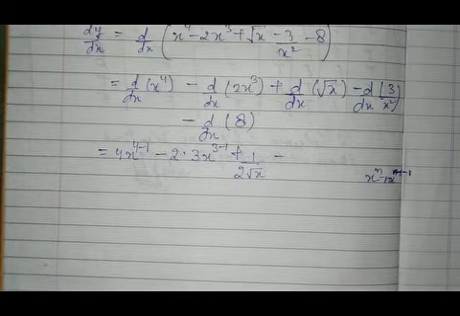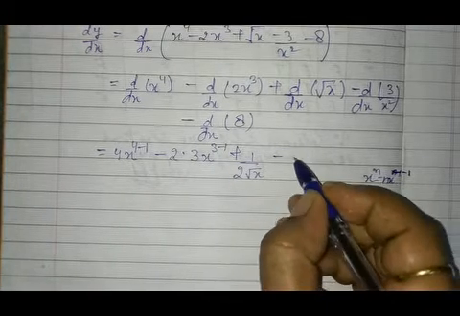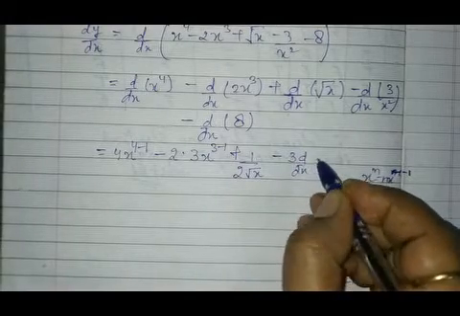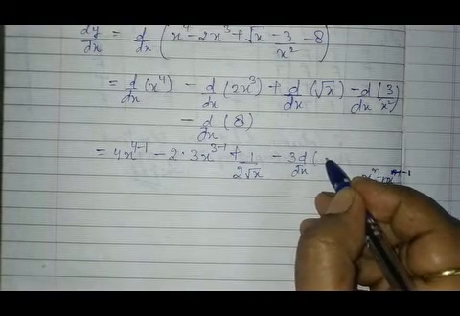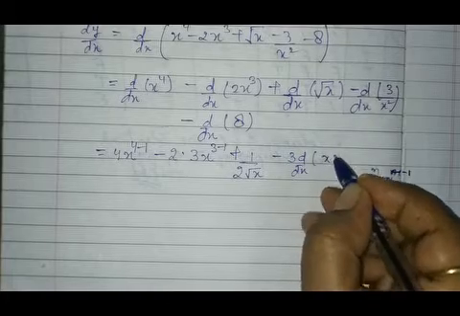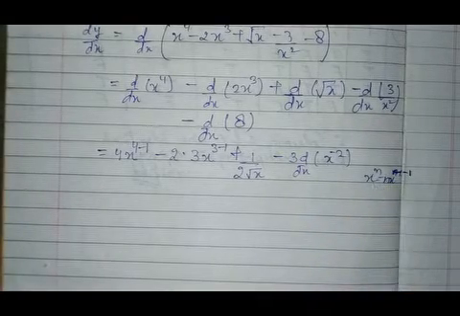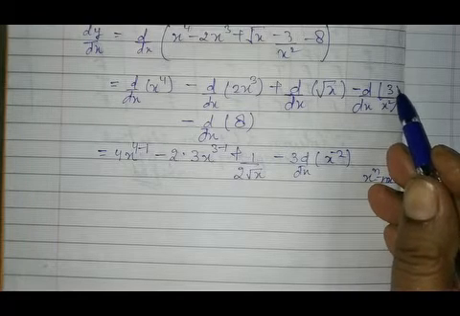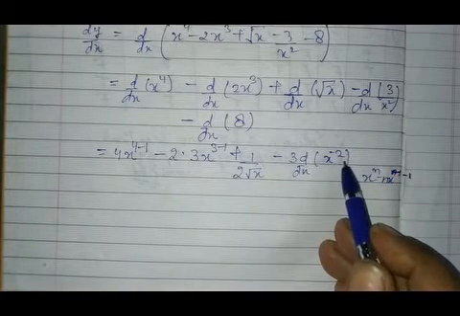See here what we have to do. We will take 3 outside and d by dx of x raised to minus 2. When this x square goes upside, it becomes x raised to minus 2.